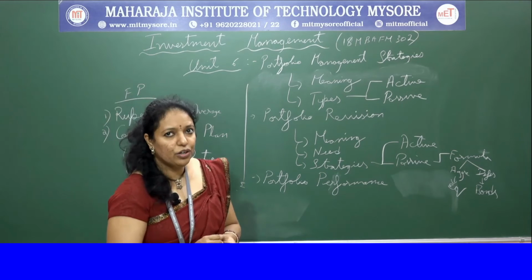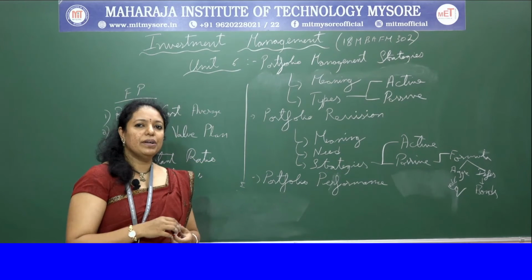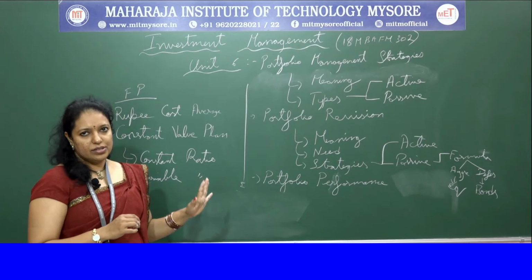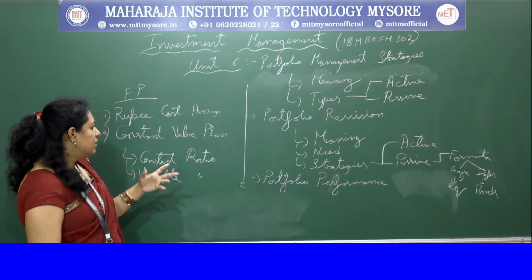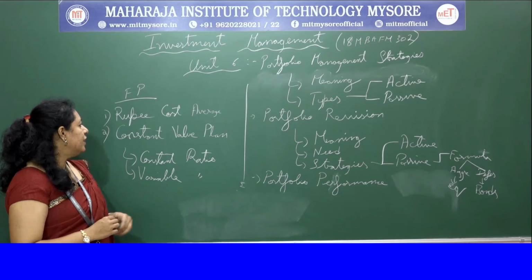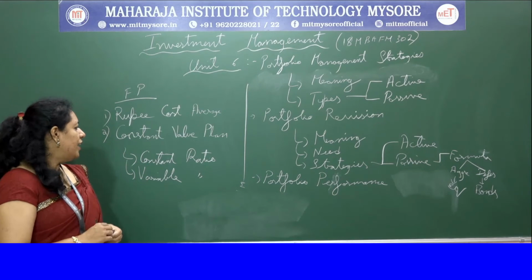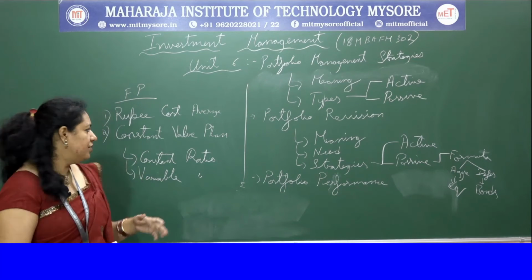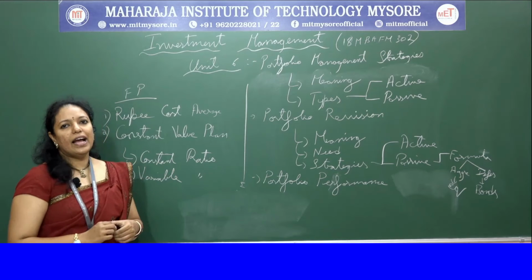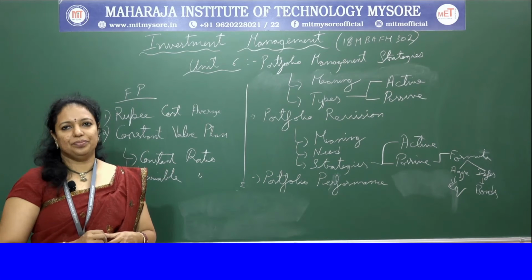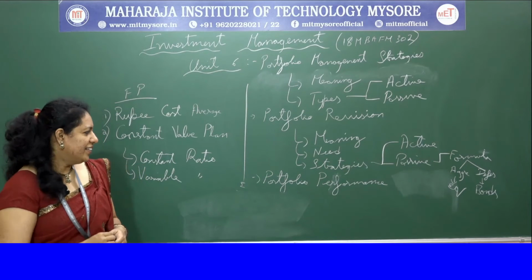Defensive portfolio is where more investment is made in bonds. The formula plans are known as rupee cost averaging and constant value plan. And in constant value plan, you have divisions with constant ratio and variable ratio. Hope it is clear.